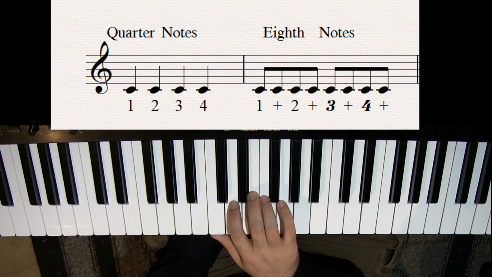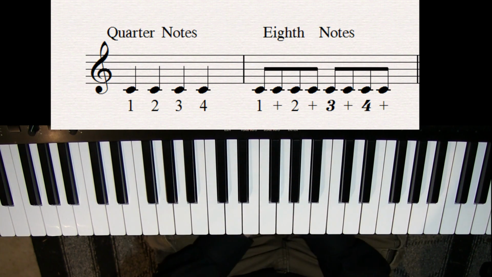Now, let's take a look at where it says eighth notes. We have a full measure of eighth notes, and these are the ones that are in pairs beamed across. They're beamed across to show you that each pair is equal to one whole beat. So what we need to do is split up each beat into 2, and I'll show you how to do that. We do that with this little plus symbol, and we call that AND.